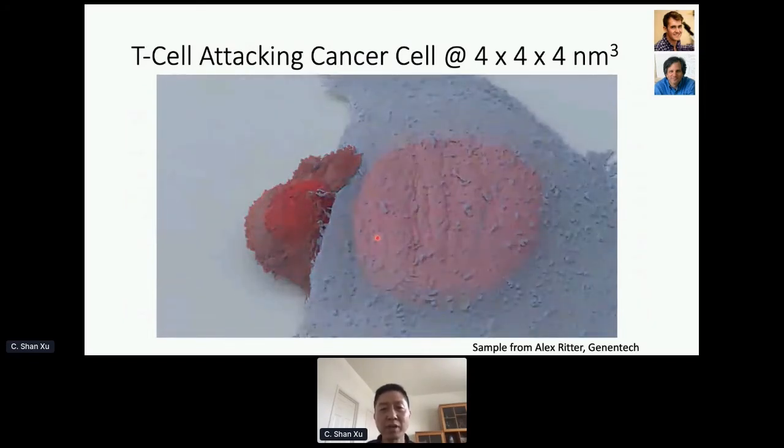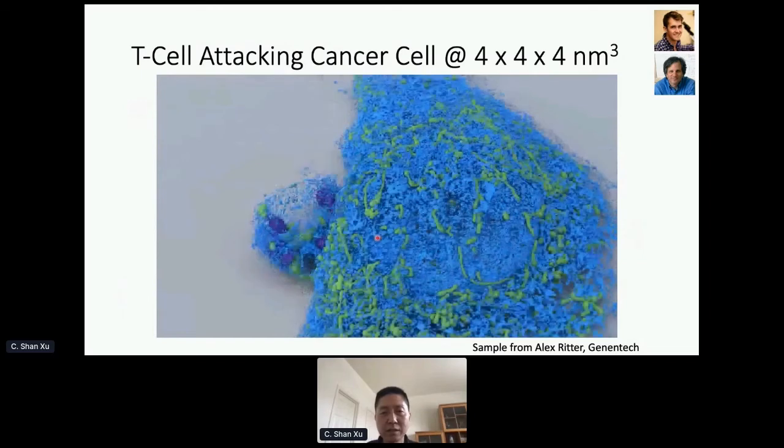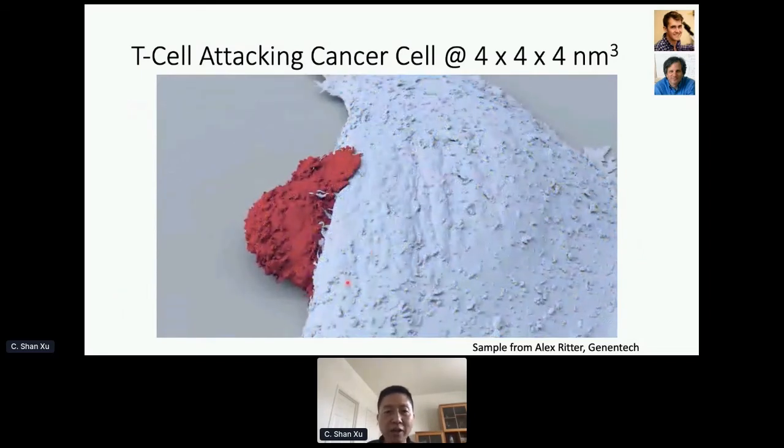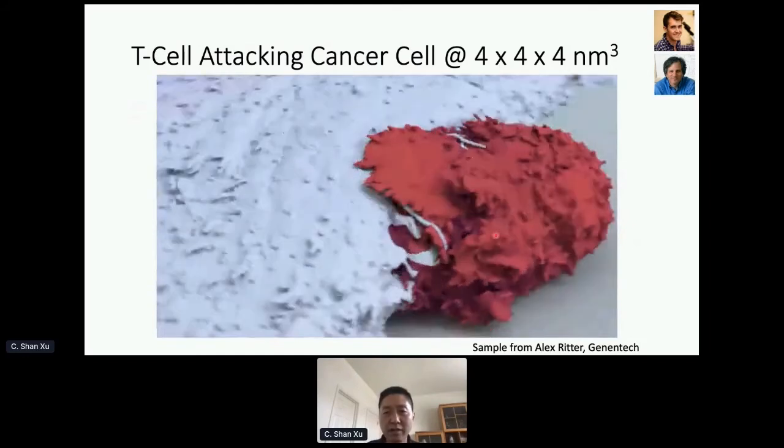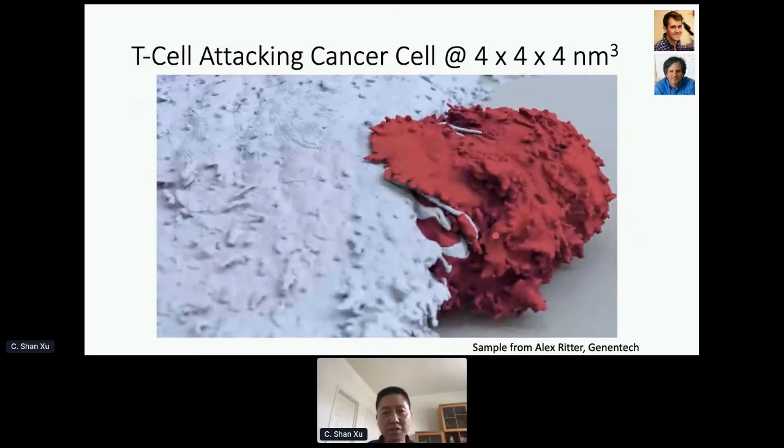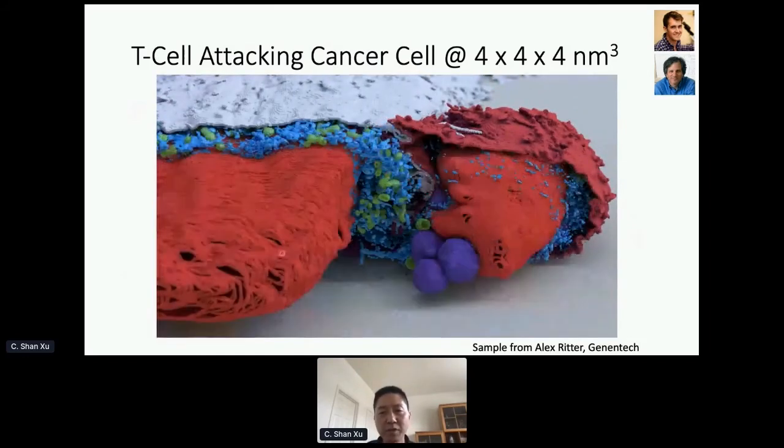And it's the perfect application for FIB-SEM because the isotropic 3D imaging can easily capture this entire curvy and wavy immunosynapse surface and its surroundings at 4 nanometer voxel size. More importantly, the enhanced FIB-SEM can capture a volume large enough to include not just one, but both of them, both cells.